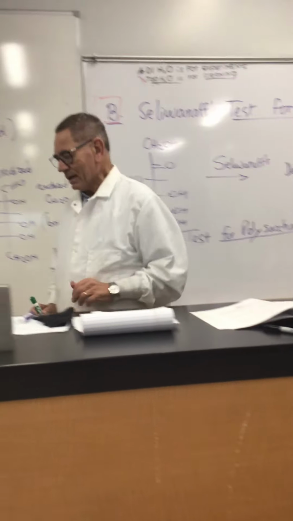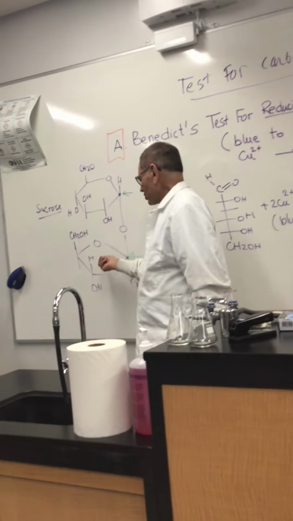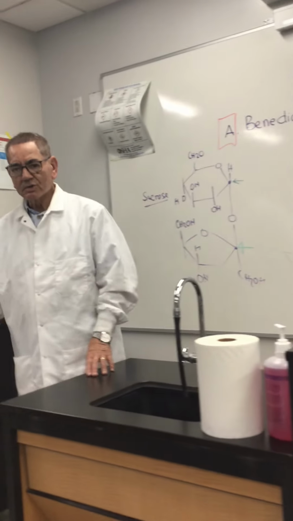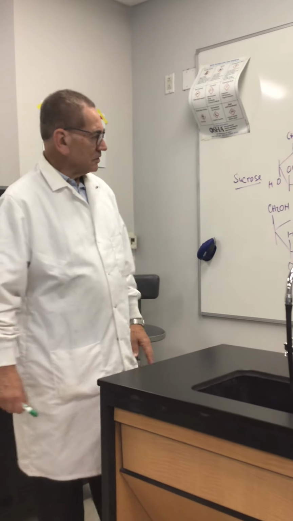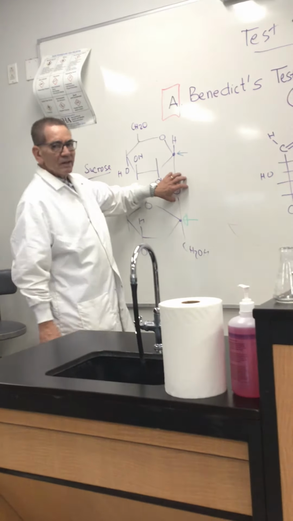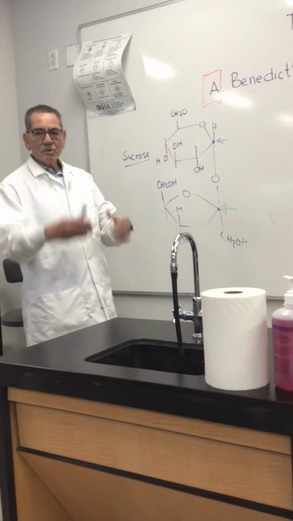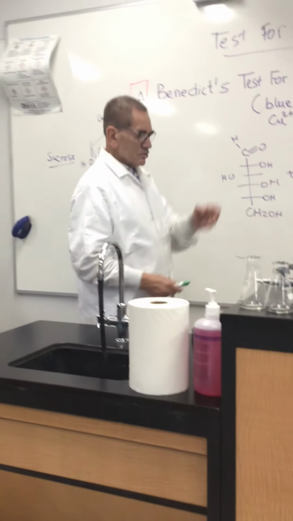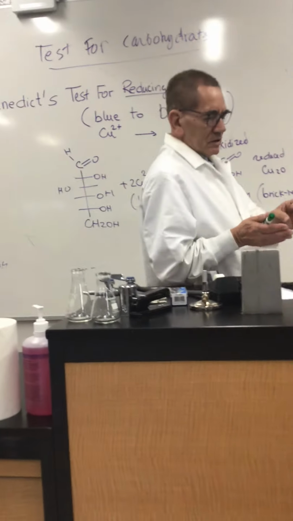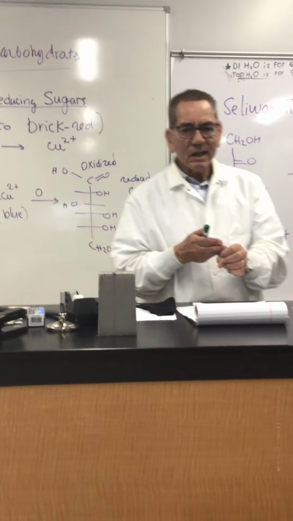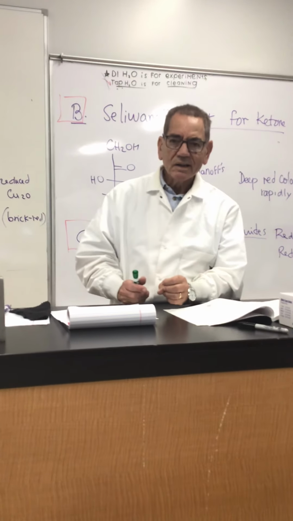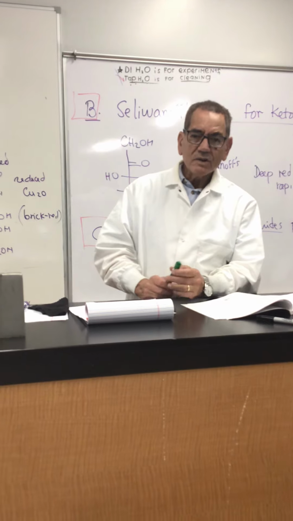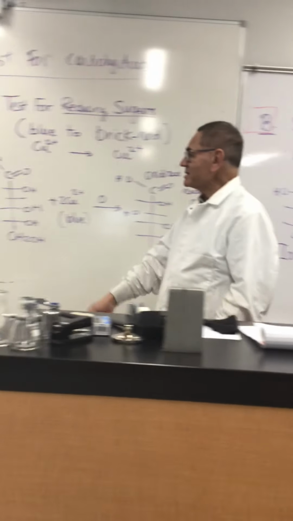So how can we prove that sucrose can be a reducing sugar? You just have to break this bond. When you do the experiment, you have the sucrose and you add the Benedict reagent, and the color does not change from blue to red. What you do is add acid. Once you add acid, you hydrolyze this bond.